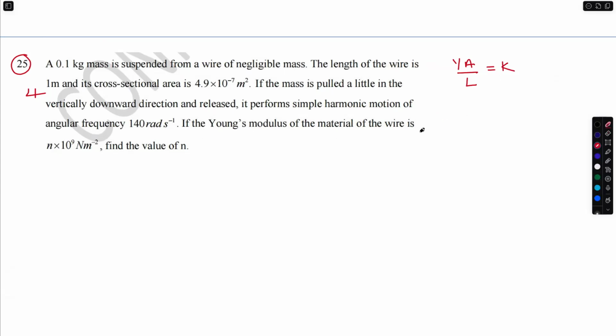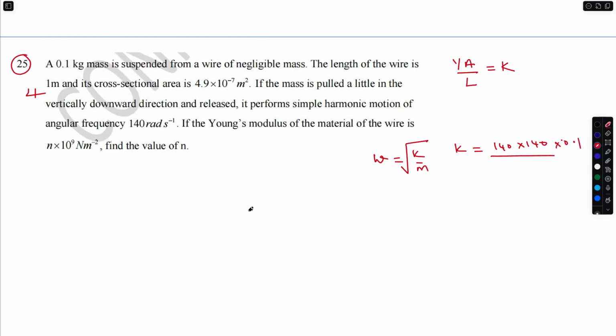In the time period of oscillation, omega is root k by m. So k is omega square, 140 into 140, into mass, 0.1.